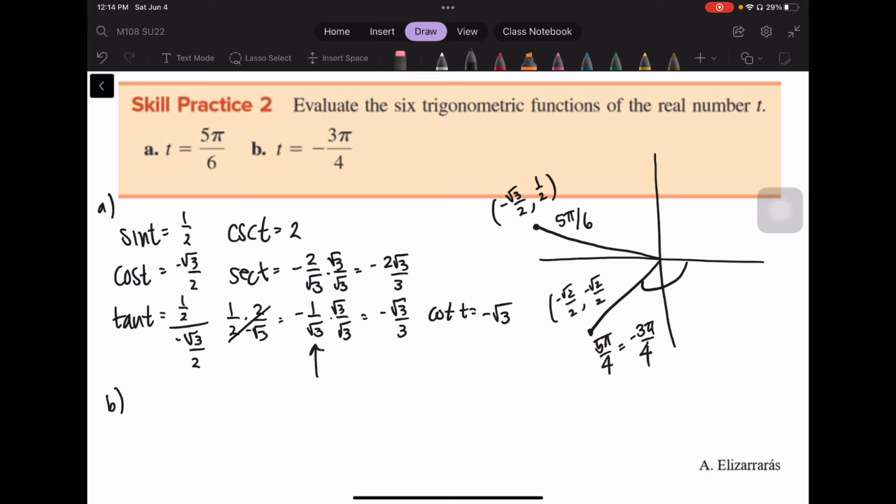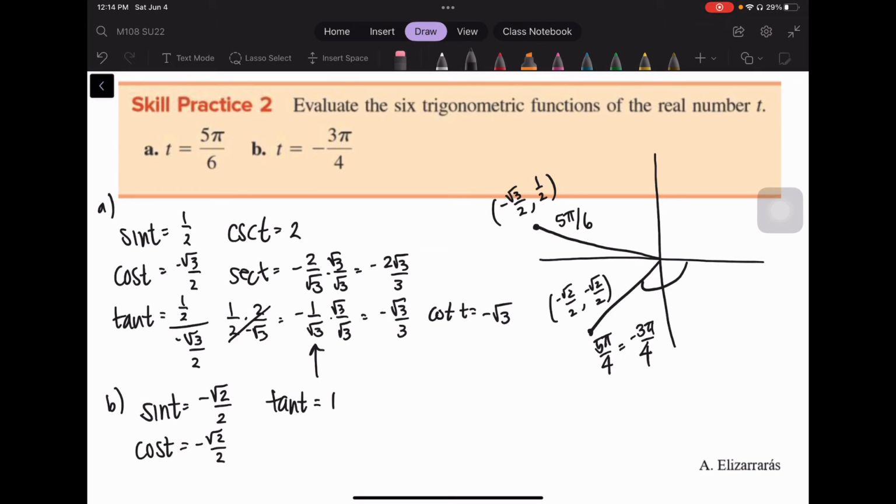They are negative root 2 over 2 for both of them. So the sine is negative root 2 over 2. The cosine is negative root 2 over 2 because sine is y and cosine is x. The tangent is 1 because when you take negative root 2 over 2 divided by negative root 2 over 2, you get 1 whole, which is wonderful.